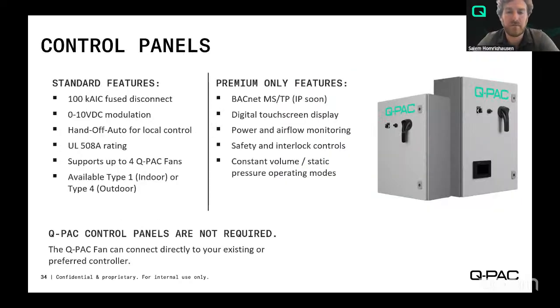Control panels. So in the previous slide, I mentioned there are 4 controls options, 4 controls packages. There is the Q-PAC fan only option where you're just going to get the multi-motor plenum fan and you're going to run your 3-phase power, likely from a disconnect that you've provided external to the unit, which is connected to your panel board breaker, and then directly from that disconnect to the fan controller.